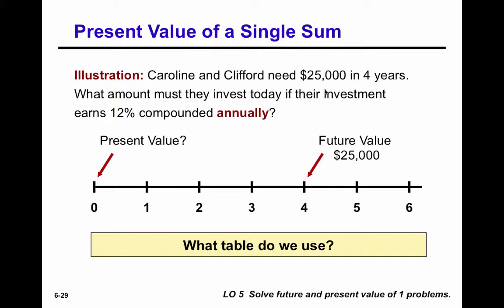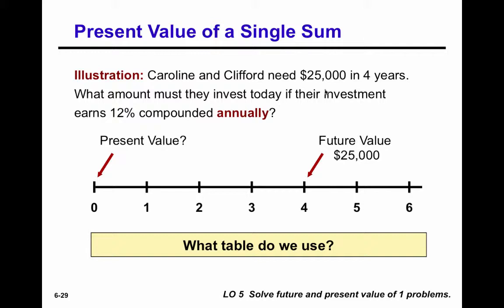Here's another problem that deals with the present value of a future amount. In this case, we have interest at 12% compounded annually. The future amount they need in 4 years is $25,000.